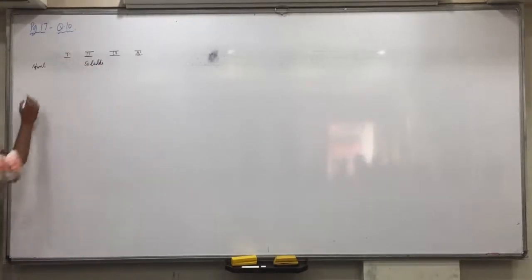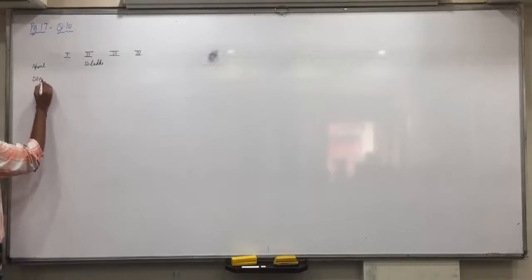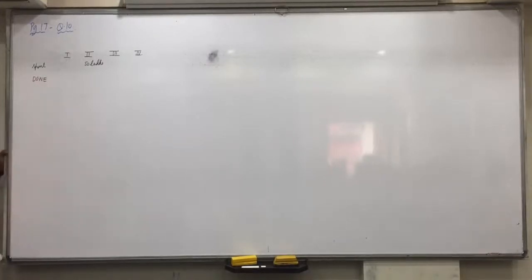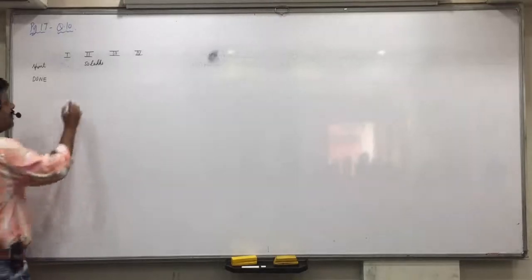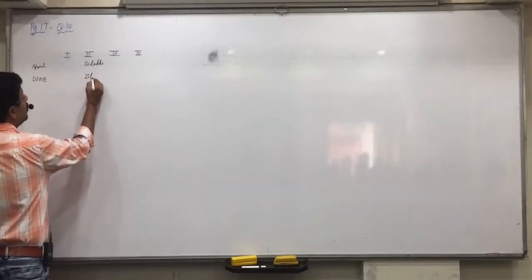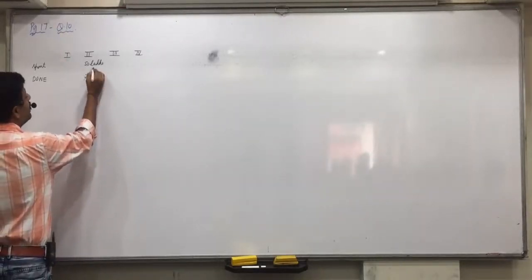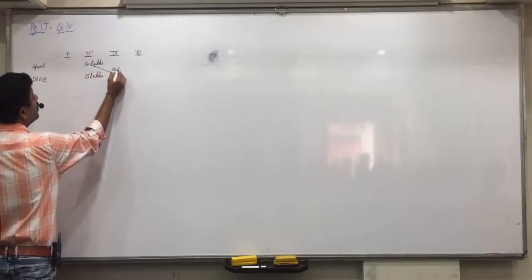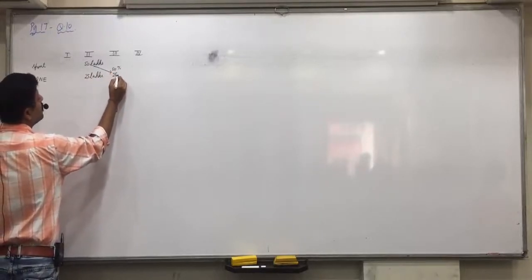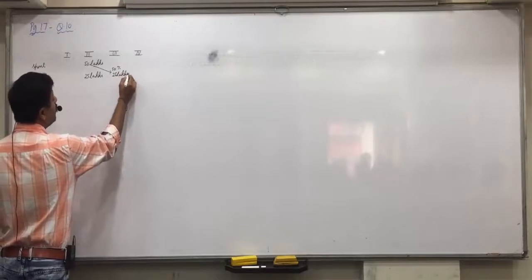But what is done is 50% of advertisement expense incurred in second quarter has been deferred to third quarter. Means in this quarter you have taken only 25 lakhs and 50% you have taken in the next quarter, that is 25 lakhs.